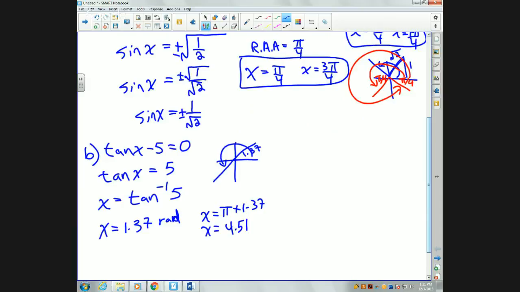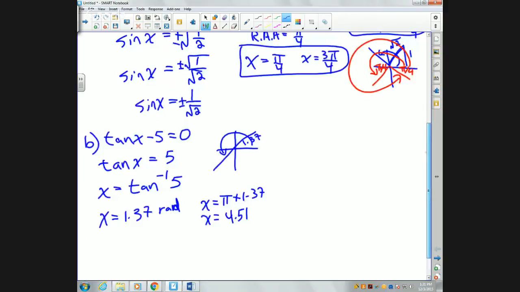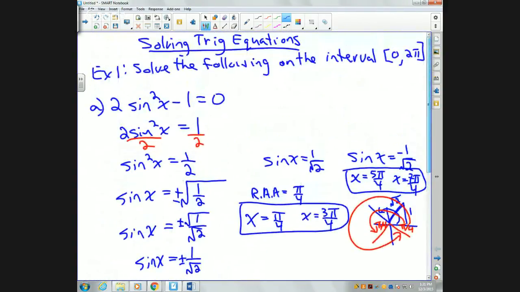That's an example right there, just like Brendan was asking earlier. Are they all special triangles? No, they're not all special triangles, and this is an example of one that's not a special triangle. That's a really good question. So Tiffany just asked, because this wasn't a special triangle, is that why we didn't get 2 answers? Sorry, 4 answers. The reason why we got 4 answers over here is that this was a sine squared.